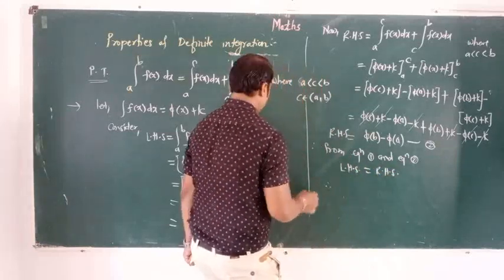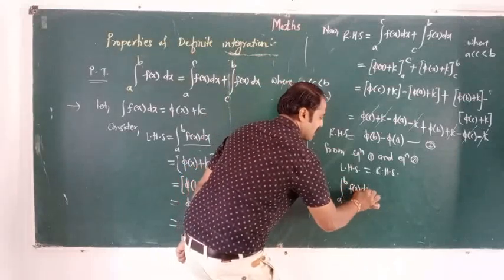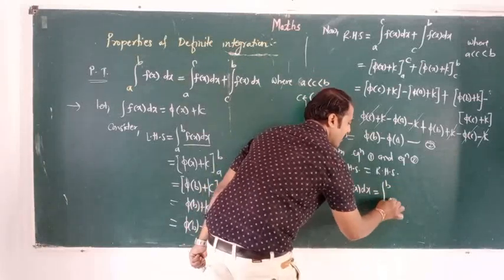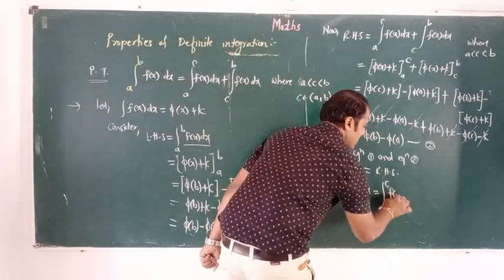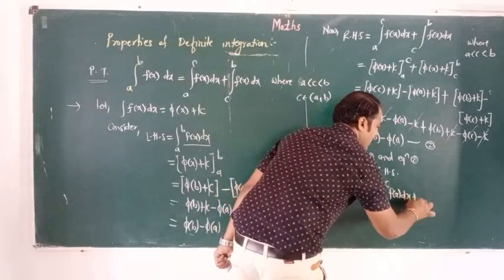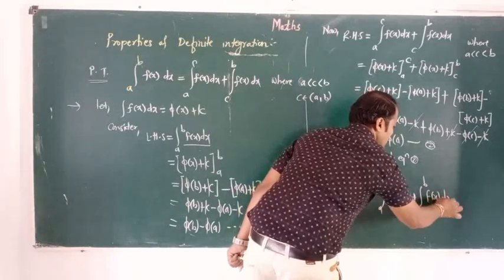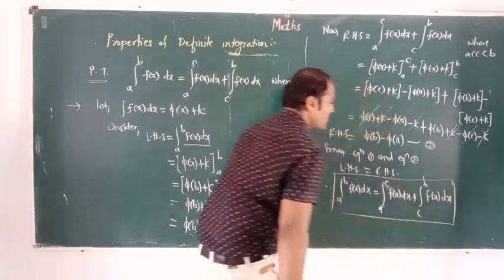Therefore, what is LHS? Integral A to B f of x dx, which is equal to integral A to new number C f of x dx plus integral C to B f of x dx. Hence the proof.